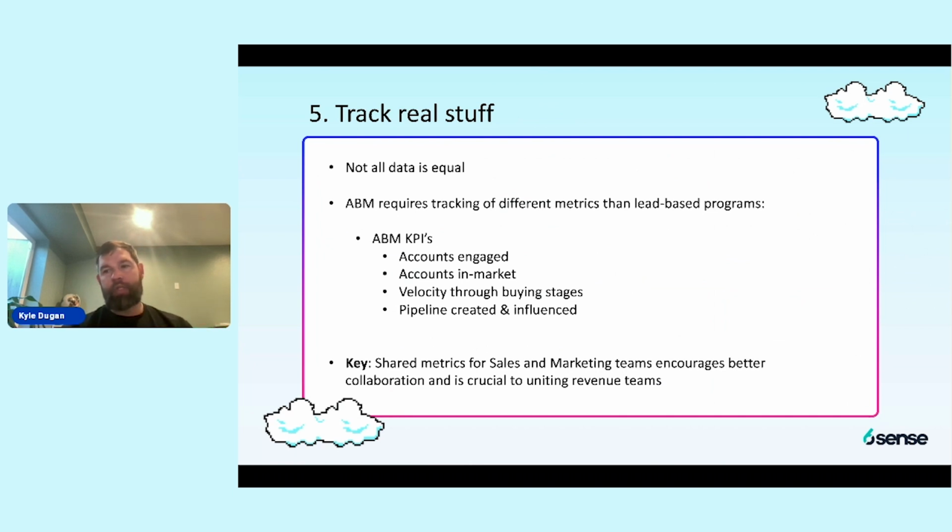I know in my history, I've worked at a lot of places where my goal was completely separate of sales, and that just doesn't help. So if you're going to an ABM method, you're going to start doing this. If there's anything I really would suggest you take from this presentation so far, having shared goals, collaborating with sales, two hardest parts. There's a lot of technology that can fill in the gaps on everything else, but setting up those goals, building those relationships is going to come down to you and your teams.